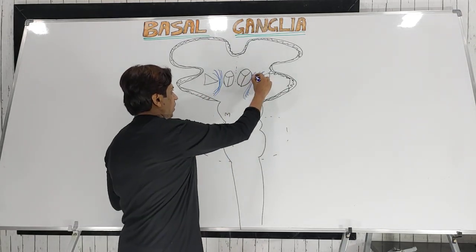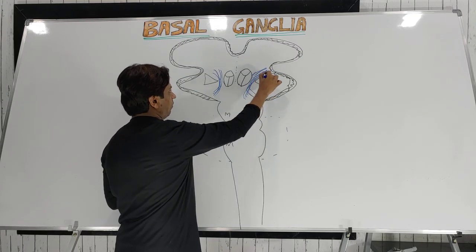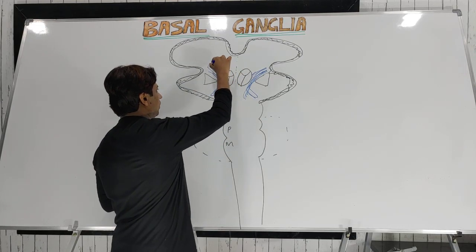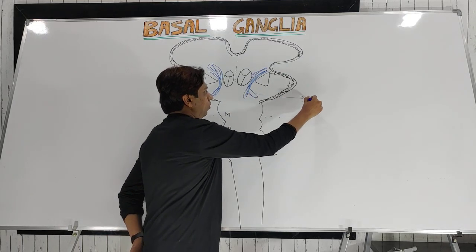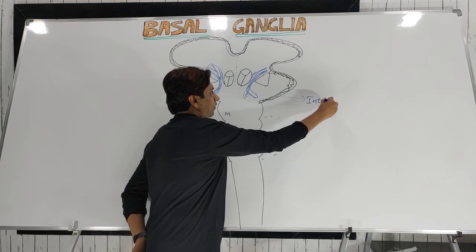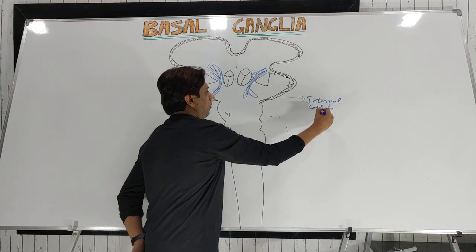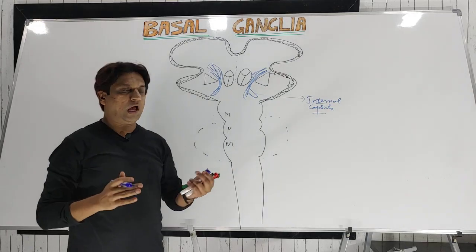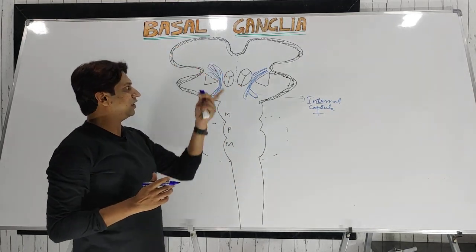This bundle of axons running between the thalamus and the lenticular nucleus is called the internal capsule. It is one of the commonest sites of injury and it leads to hemiplegia and so on. However, it is not concerned with our topic today. Our topic is again basal ganglia.